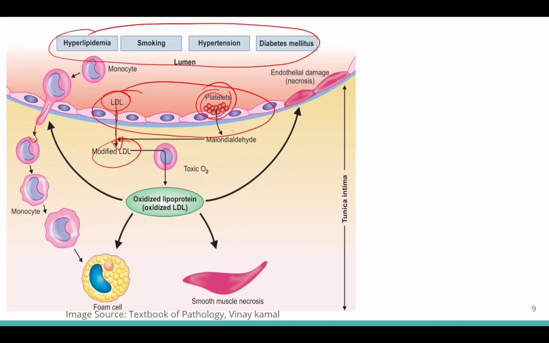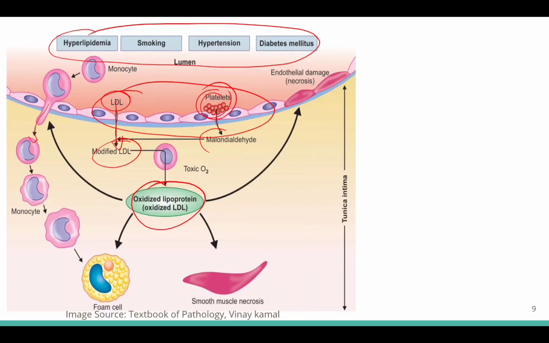These platelets can produce malondialdehyde, which is a product of lipid peroxidation, and this will modify LDL, and there is oxidation through reactive oxygen species forming oxidized LDL.